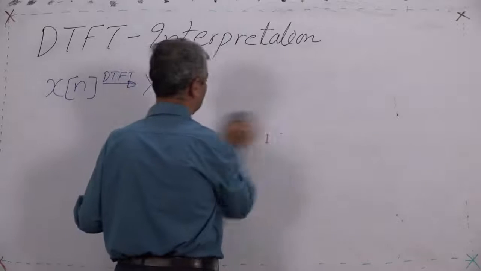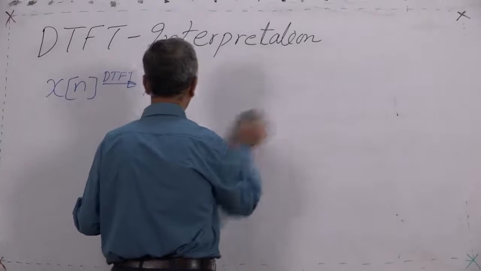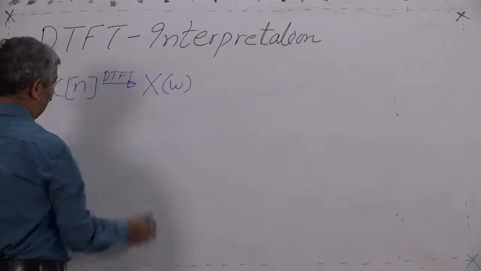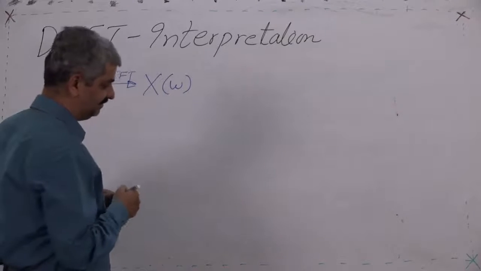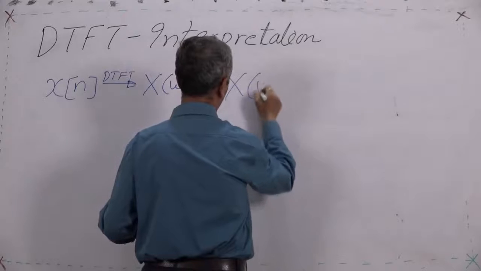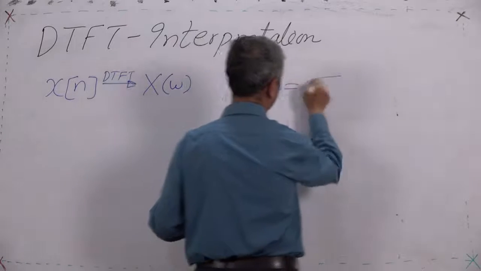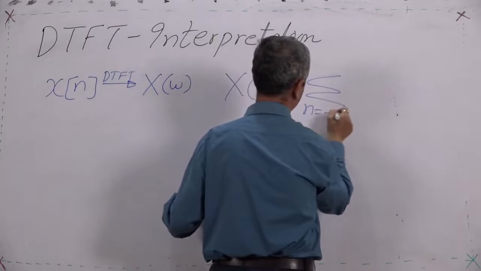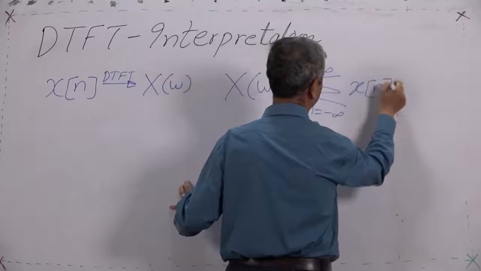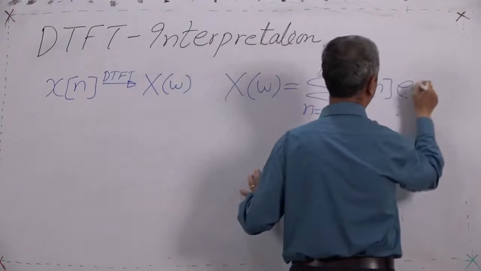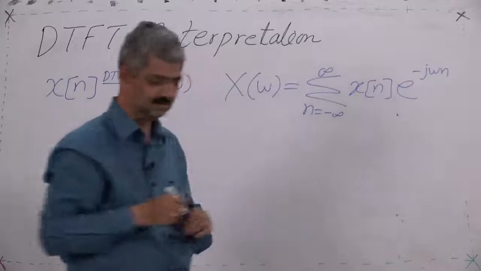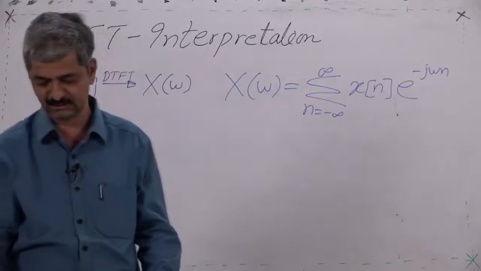Then how? What does X(omega) correspond to? X(omega) has some value at every omega, and we have found it out by X(omega) equal to summation n equal to minus infinity to infinity x[n] e raised to minus j omega n.